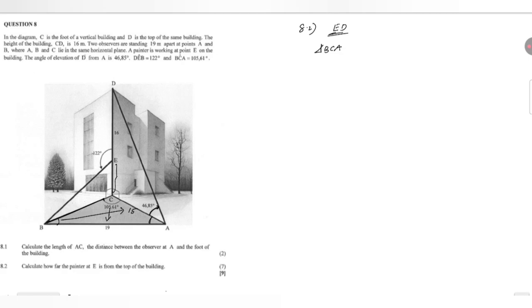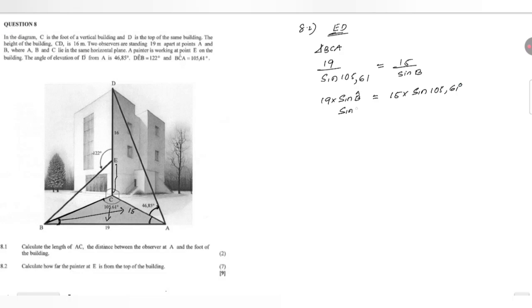Okay, so I'm going to use the sine rule, that is 19 over sine 105.61 is equal to 15 over sine, let me write angle B, that small angle B. So cross multiply, I think I will get it, that is 19 times sine angle B is equal to 15 times sine 105.61 degrees.